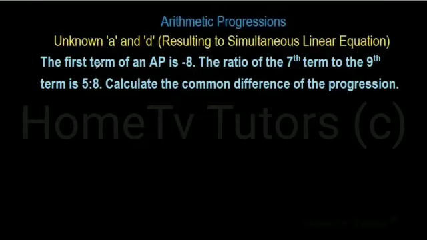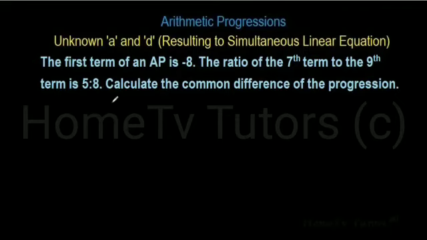One more example for us to see. The first term of an AP is minus 8. The ratio of the 7th term to the 9th term is 5 to 8. Calculate the common difference of the progression.